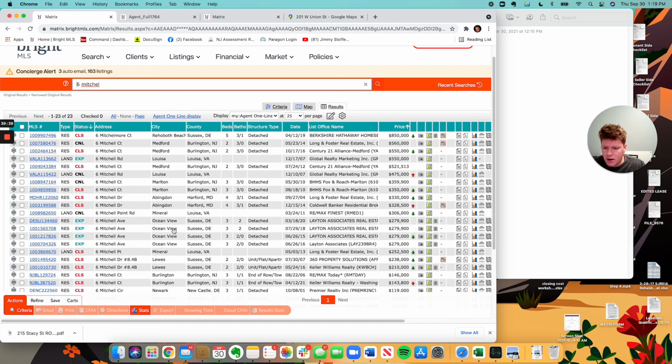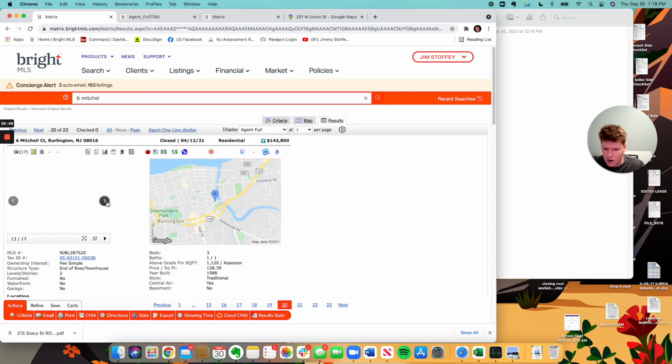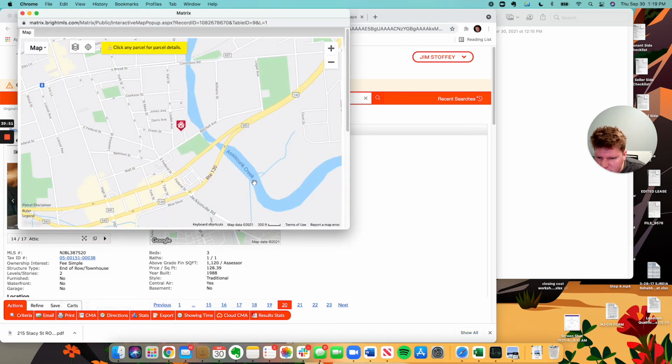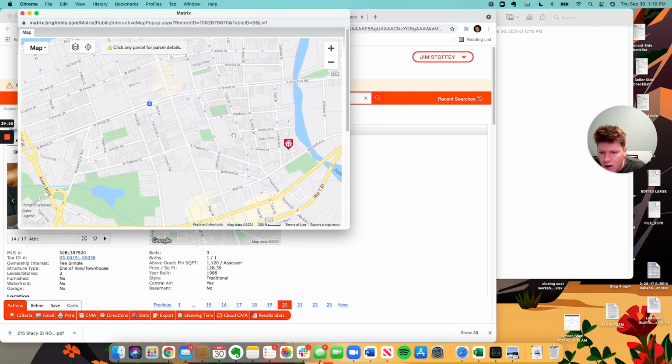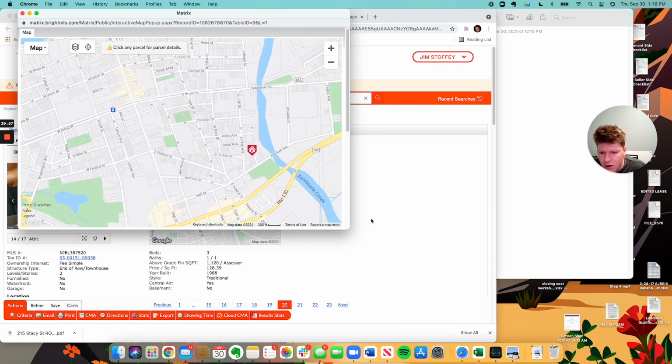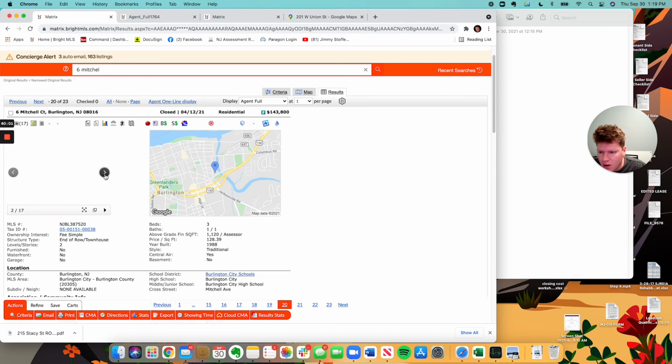Alright, Burlington, end of row, here we go, April. 143,800. No basement, at least. 143,800 is really close to 130. Ours is closer to the river.